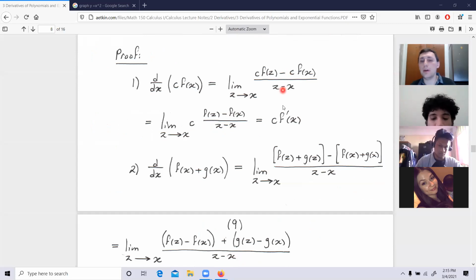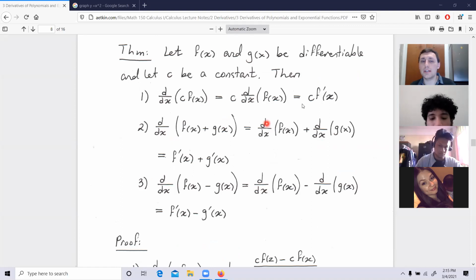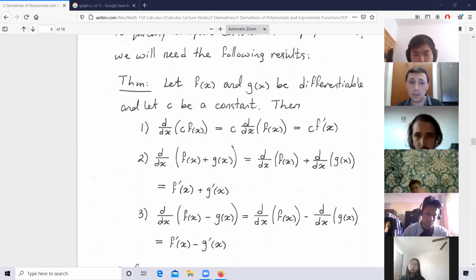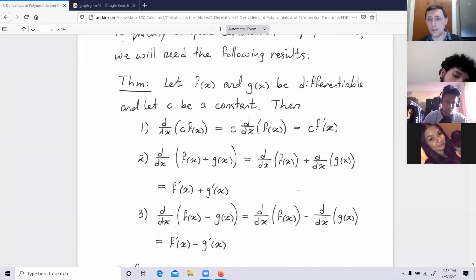So now, what about the summation, guys? Before I even mention the derivative of a summation, I want you to tell me, when I set up the definition, what will I be searching for in the definition? That's very important.